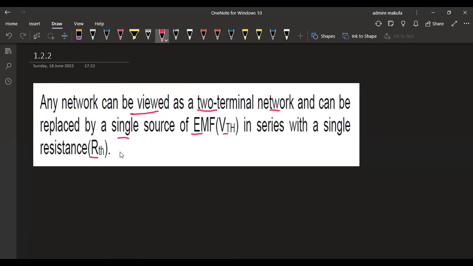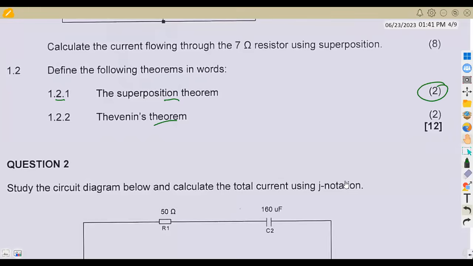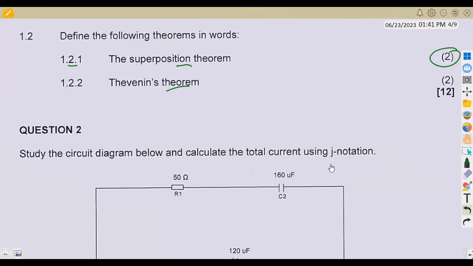So remember, from a Thevenin you calculate VTH and RTH, then you go to the equivalent circuit diagram for the Thevenin. That was 2 marks just to explain what you understand about Thevenin's theorem and superposition.